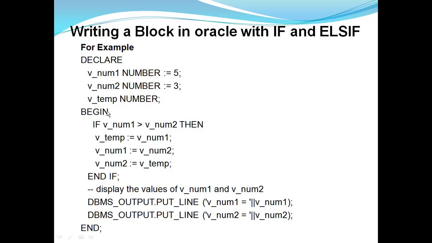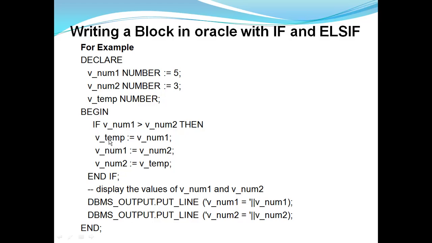I use an if: if Venum1 greater than Venum2, then Vtemp equals Venum1 and Venum1 equals Venum2, and Venum2 is assigned the value of Vtemp. Everybody knows this is nothing but swapping. And then we say end if.